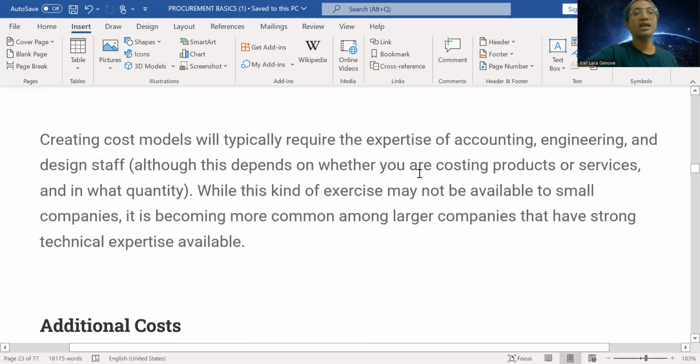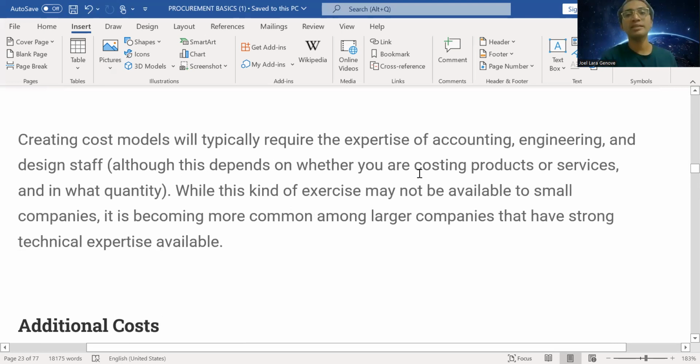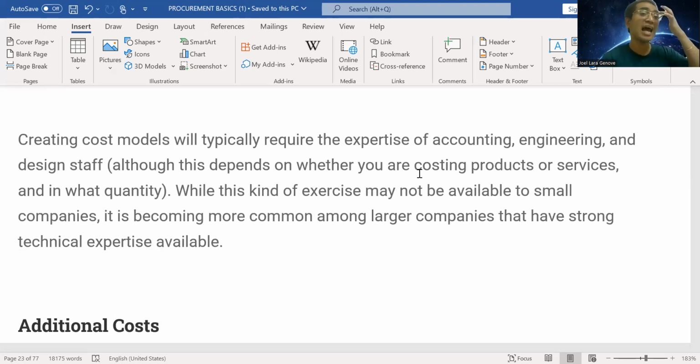Move on. Creating cost models will typically require expertise in accounting, engineering, and design staff, although this depends on whether you are costing a product or services and in what quantity. While this kind of exercise may not be feasible for small companies, it is becoming more common among larger companies that have strong technical expertise available.